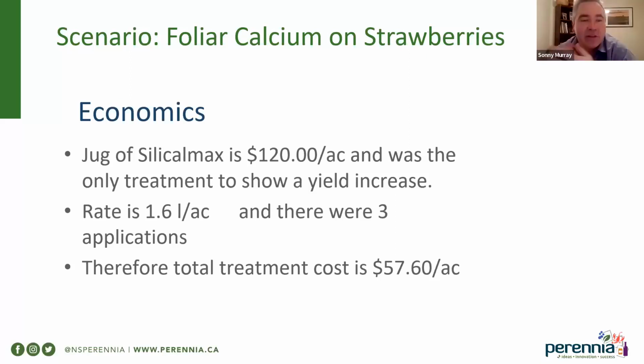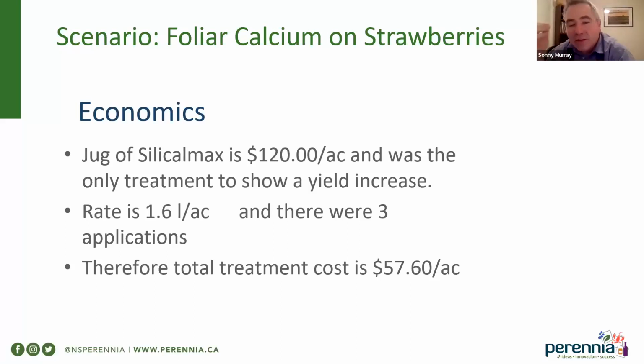So in this theoretical case, a jug of Silical Max is about $120 for 10 liters. I have my units wrong there. So we break that down. What does it cost per acre? We're applying it at 1.6 liters per acre. There were 3 applications. So our total cost of treatment is $57.60 an acre.